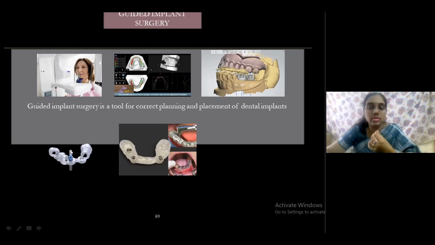And there are also radiographic stents which are present. Radiographic stents are nothing but radio opaque markers. So if the patient is already wearing a complete denture and you know the exact point of insertion of the implant, you can drill there and place a gutta percha there and then send the patient along with the denture for the CBCT.